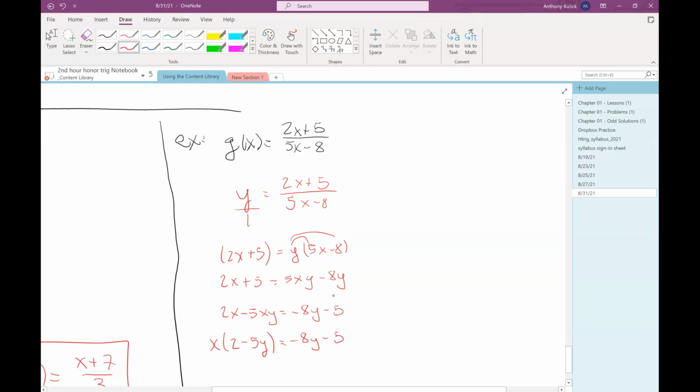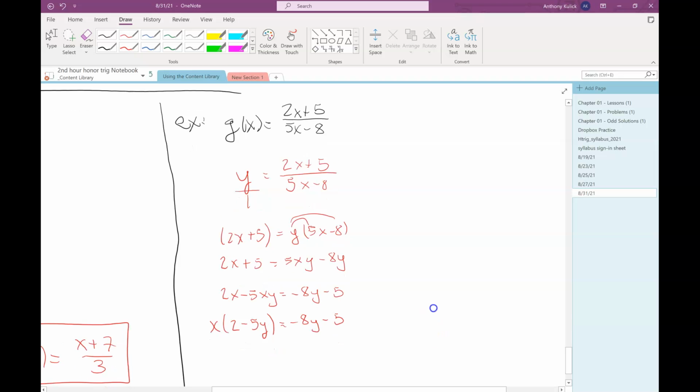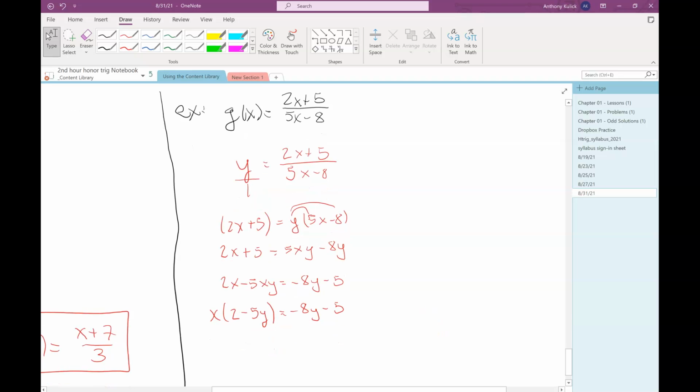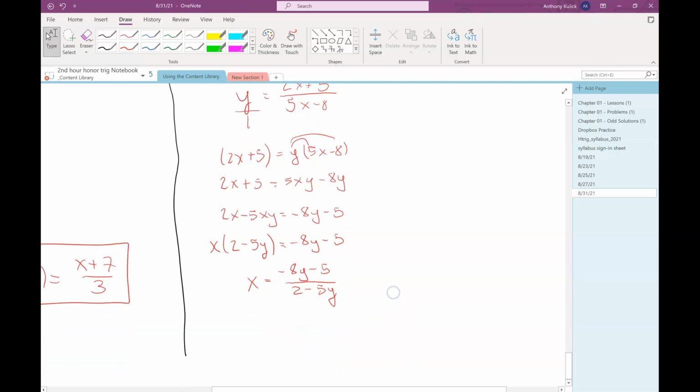Everybody see that? Sneaky, sneaky. I can then divide both sides by 2 minus 5y. And then swap my x and y coordinates.